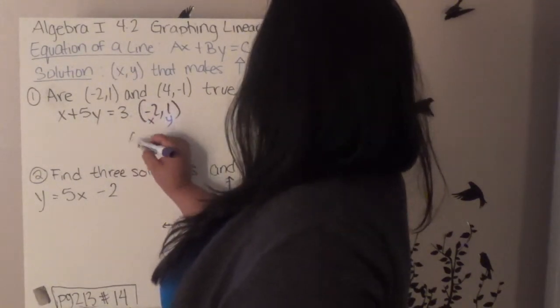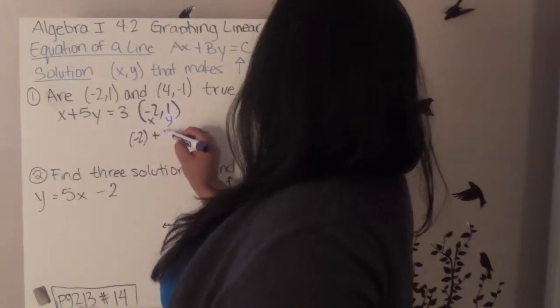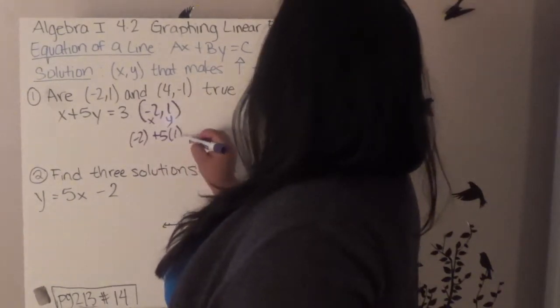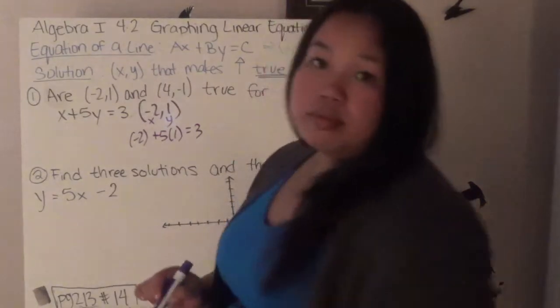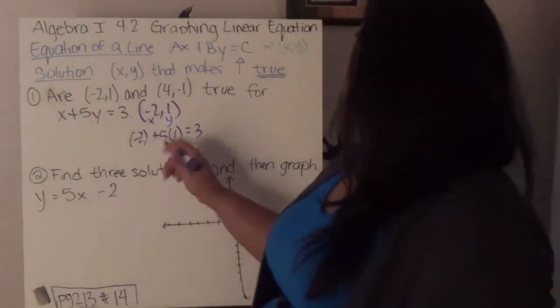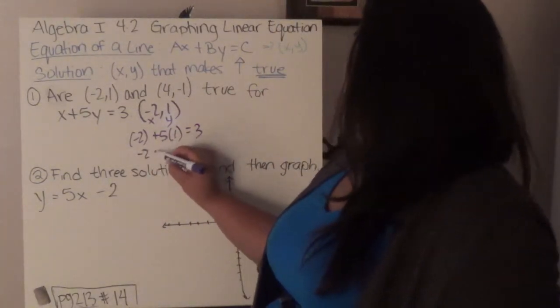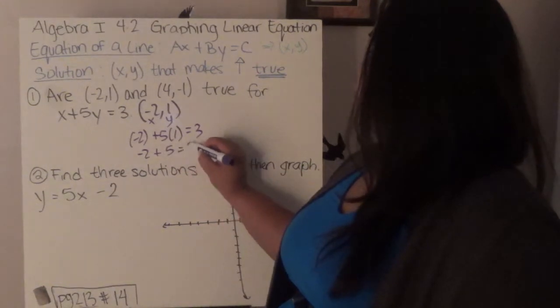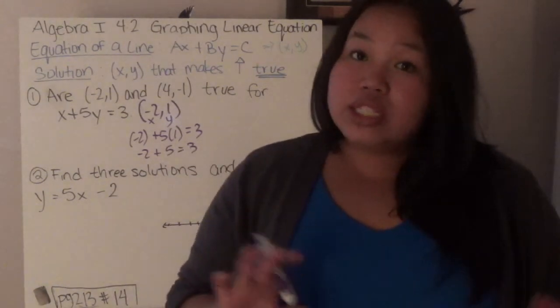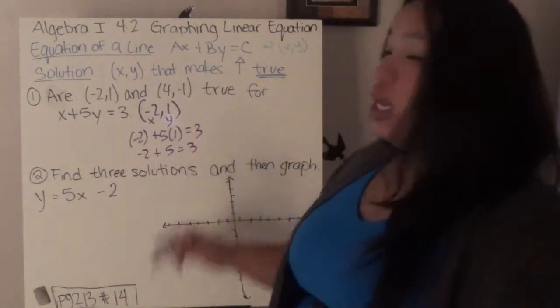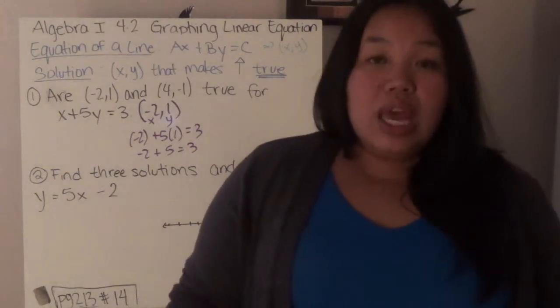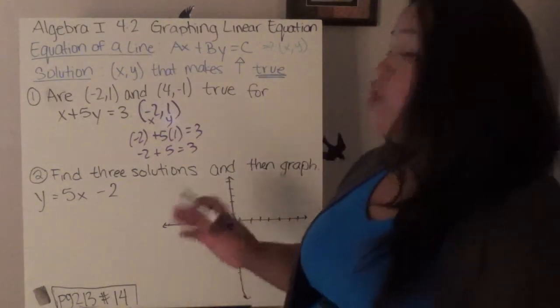X here is negative 2 plus 5 times my y, 1, equals 3. So negative 2 plus 5 times 1, which is 5, equals 3. Now remember, I'm not bringing anything to any side. There are no more variables. I'm combining the terms and then seeing if both sides are equal.